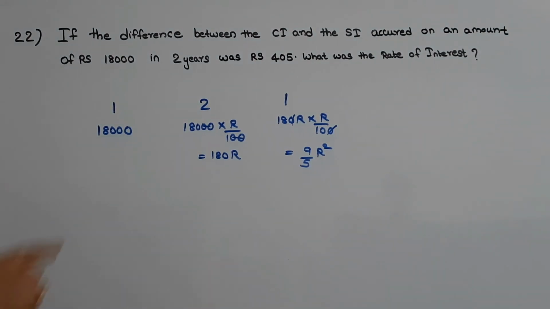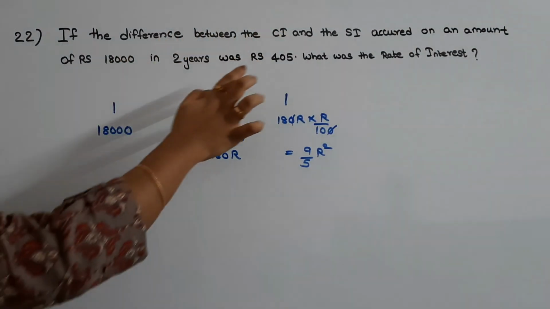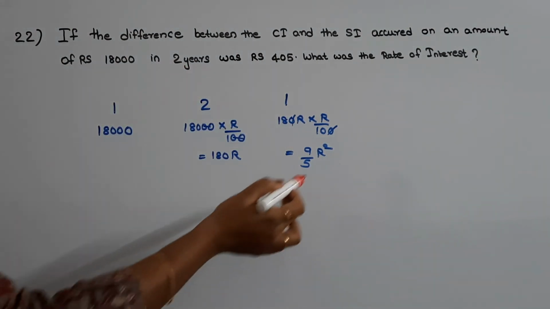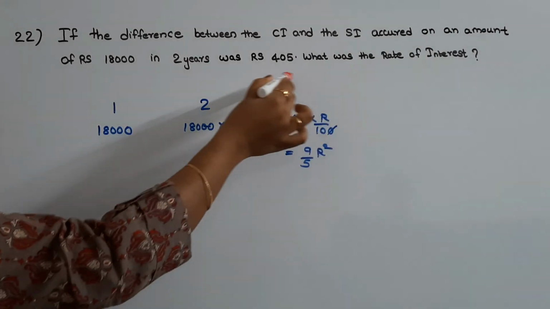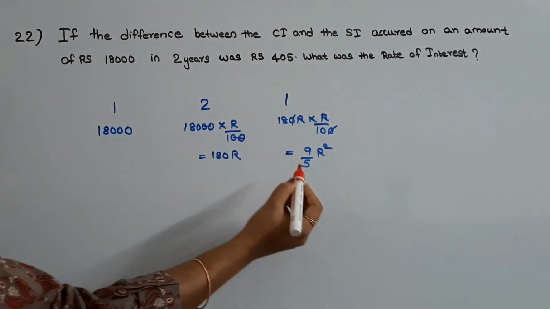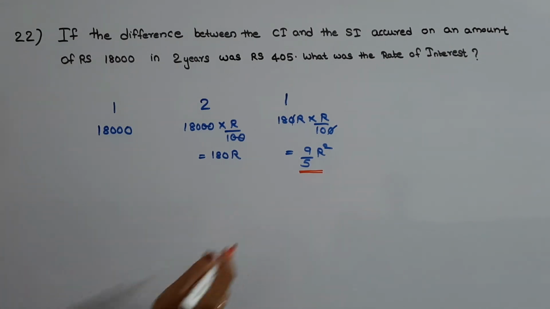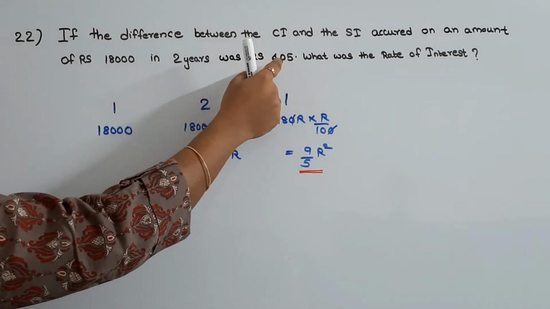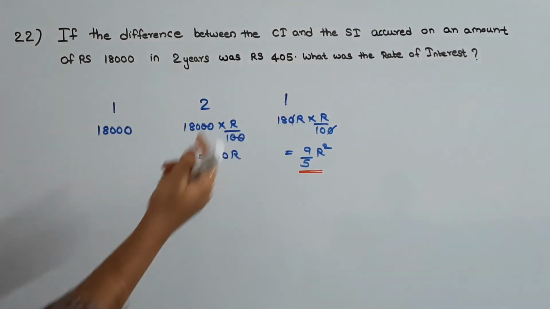Now in the question, the difference between compound interest and simple interest is given as 405. From here, what is the difference between simple interest and compound interest? This part is for the difference. Hence this is the value of the difference, so we are equating this value to the difference given in the question.